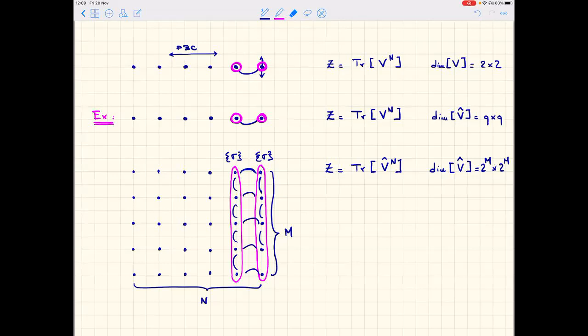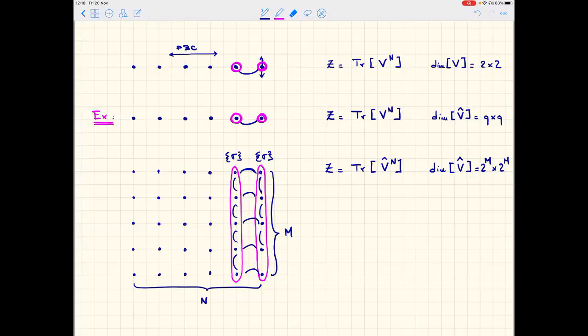The problem of computing the partition function, in 2 dimensions or in 1 dimension, is transferred to the problem of diagonalizing a matrix. So it's rewritten in a different way. And diagonalizing a big matrix, a 2 to the m times 2 to the m matrix, is not a simple task. It can be done numerically. There are good algorithms to compute the largest eigenvalue, but it's not something that you can do like this. So the transfer matrix is not the solution to all problems. It's just a rewriting of the problem in a different form.